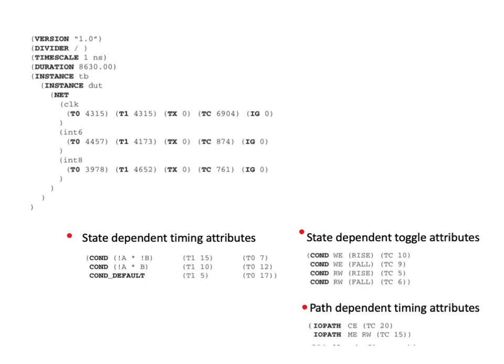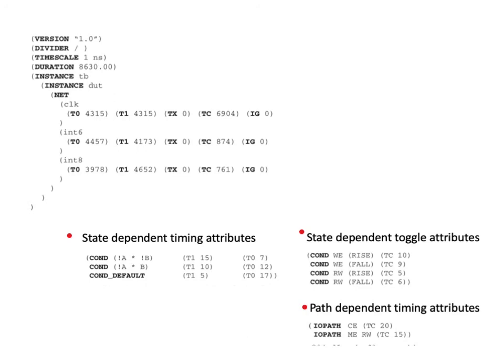So if you would like to get additional statistics on certain particular state-dependent toggle rates, that is toggle rates when an input is at a particular value and output is at a particular value, or you would like to get the toggle rate along certain paths, that is consisting of multiple nets, you would have to specify a forward SAIF file.